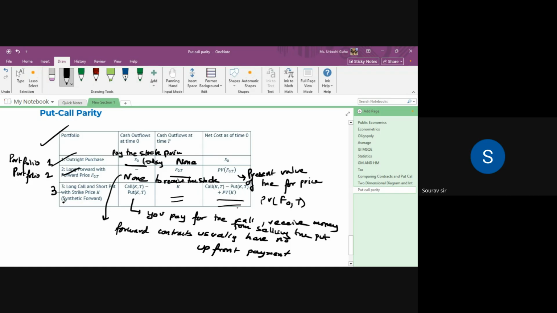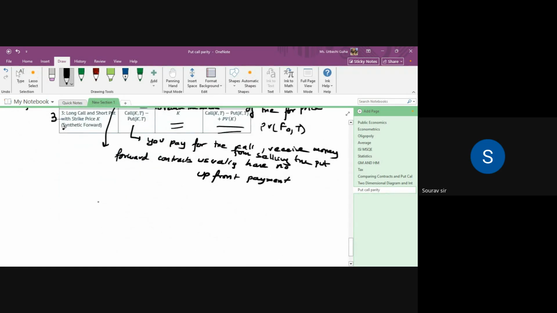From the table you notice all 3 strategies must have the same net cost.